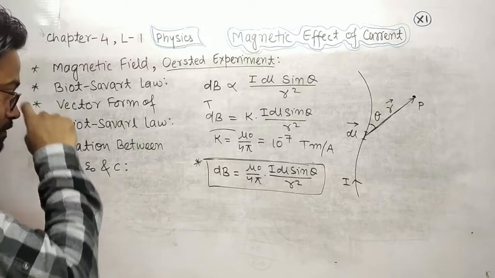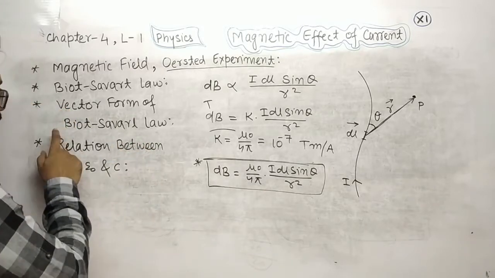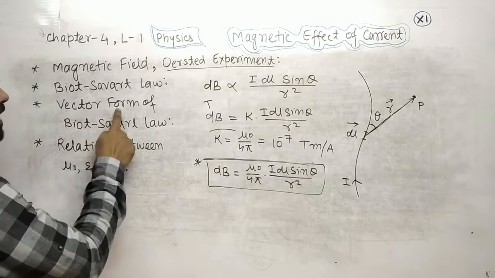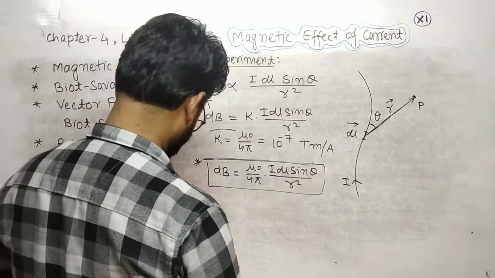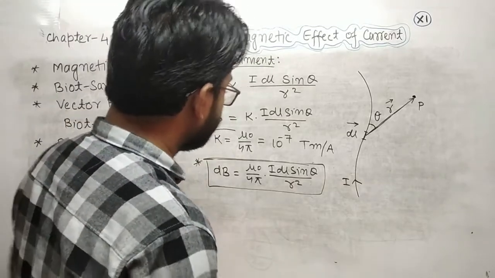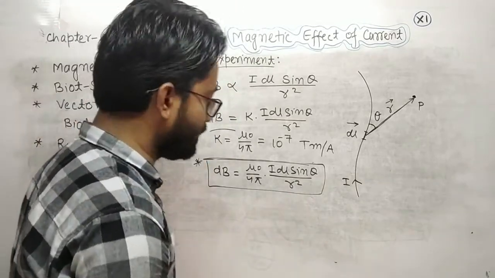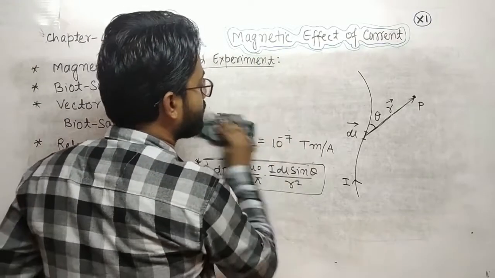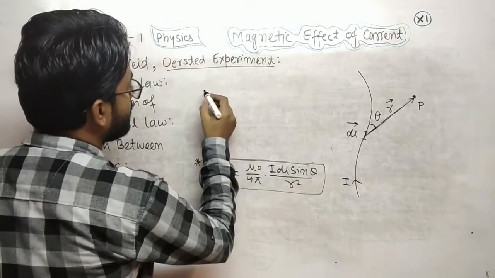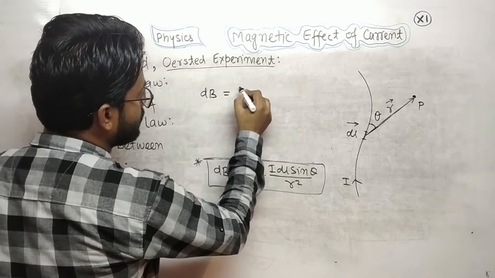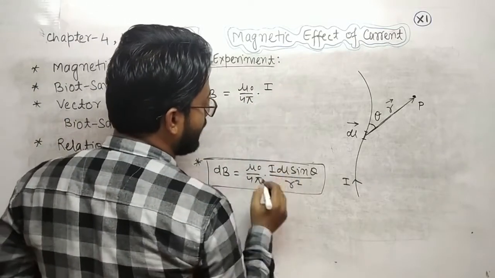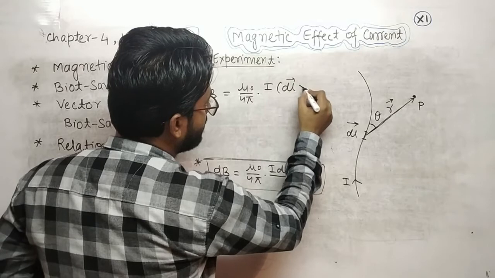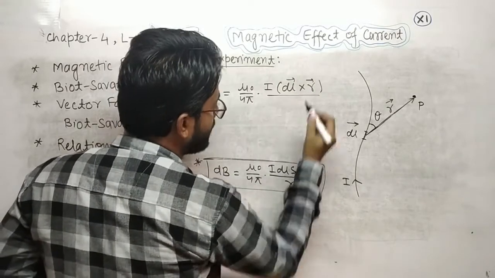Okay, next point, that is the vector form of Biot and Savart law. Just put the value of r. dB is equals to mu naught upon 4 pi I dl cross r upon.